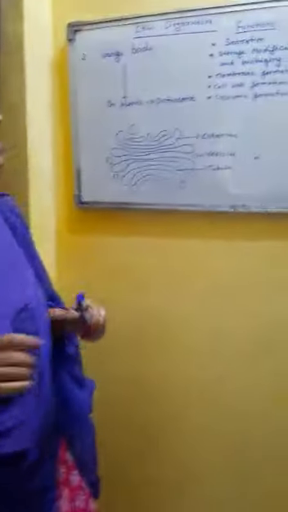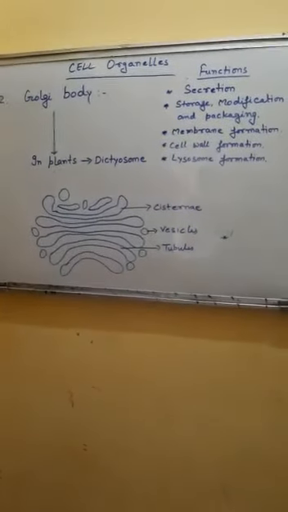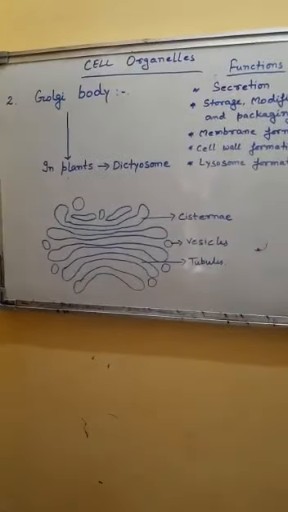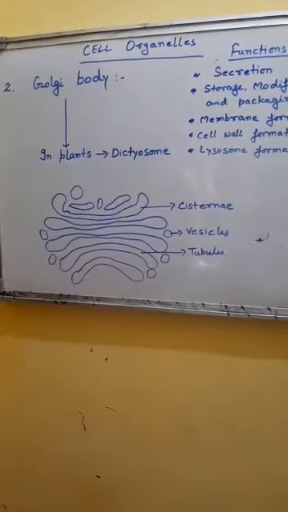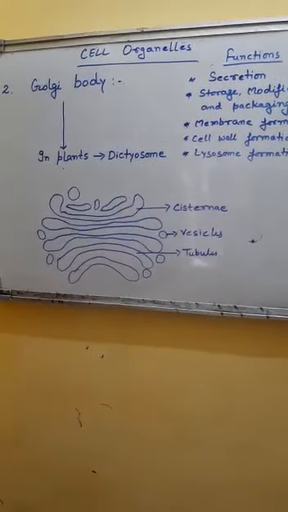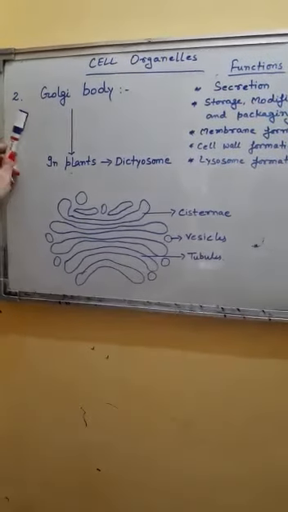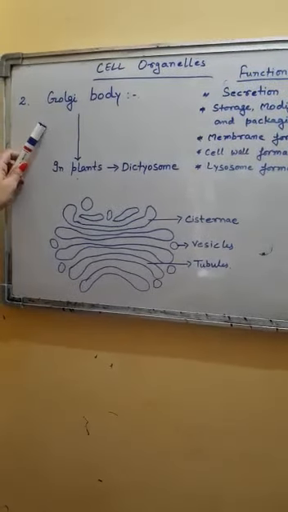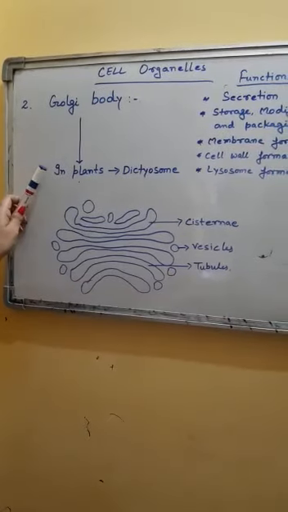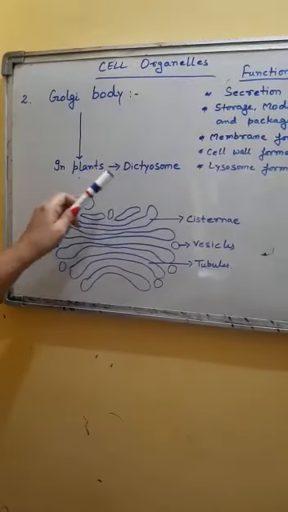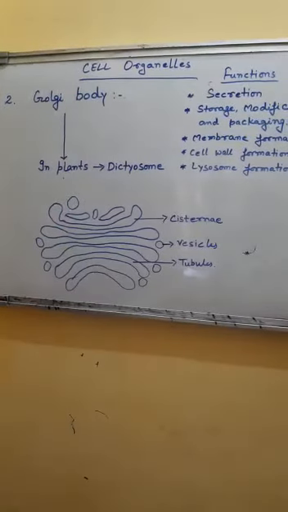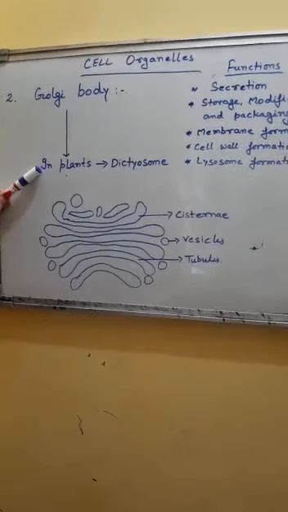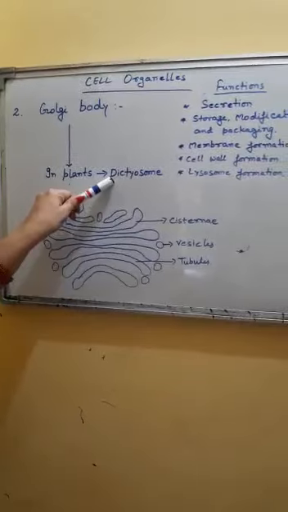Golgi body was first discovered by Camillo Golgi, and he got the Nobel Prize in 1906. Golgi bodies in plant cells are called dictyosomes.